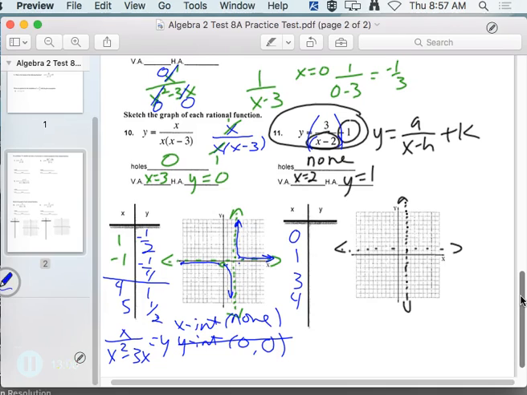Parentheses, x minus 2, parentheses, plus 1. And 3 divided by parentheses, x minus 2, parentheses. If we only see one graph, then we know it doesn't matter. Doesn't matter. It'll give you the same graph. So if you just put parentheses around the bottom of that, you'll be okay.